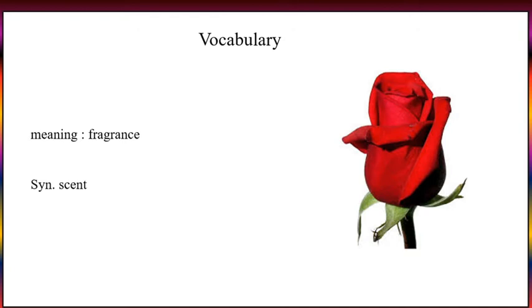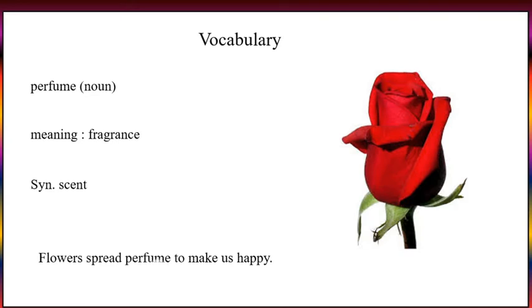Can you guess the vocabulary? I have written here the meaning and synonym. So today's first vocabulary is perfume. This is a noun. Perfume means fragrance, and the synonym is scent. So you can write, flowers spread perfume to make us happy.